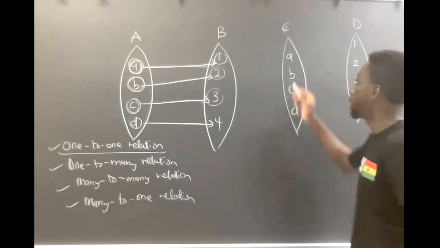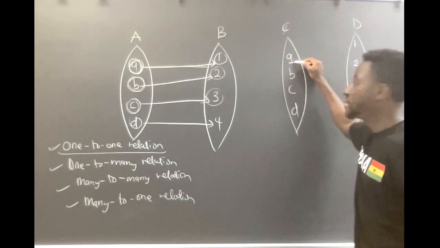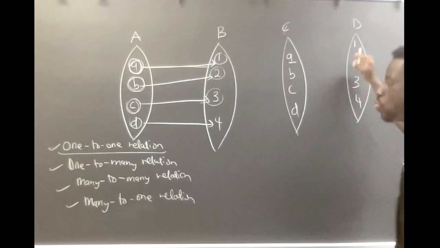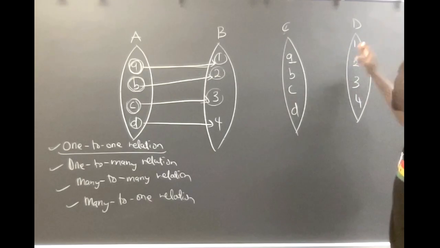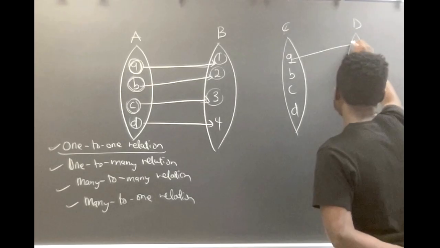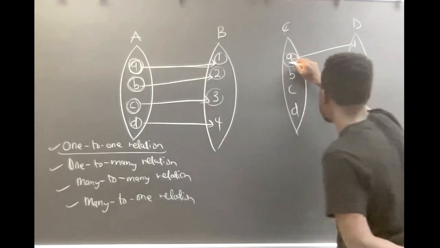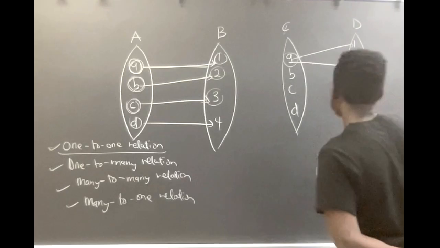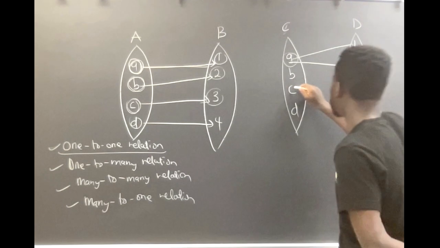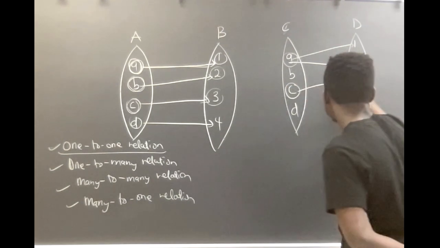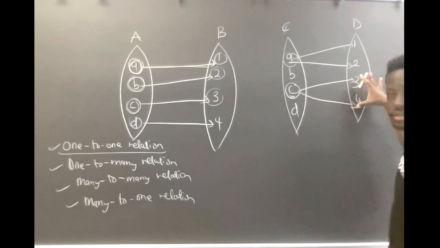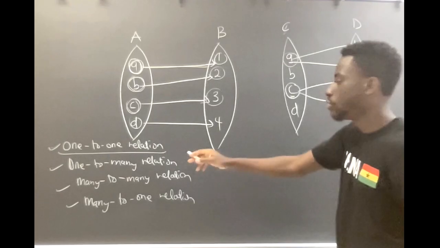One-to-many is saying that one element of set C is linked or associated with two or more members of set D, right? So what I mean is this one element here is connected to more than one element in set D. This element here is connected to this and that. This is one to many, right? So that is the one-to-many relation.